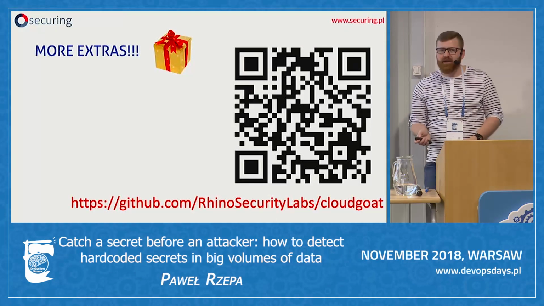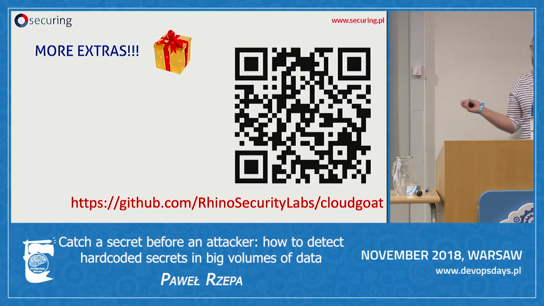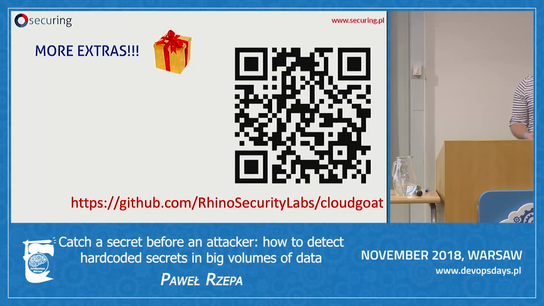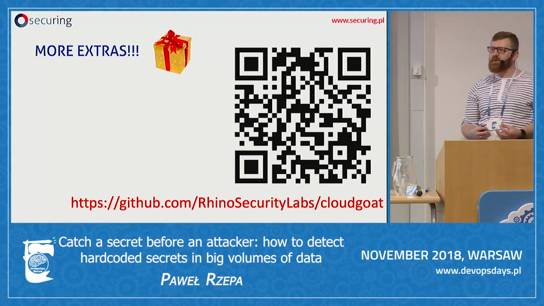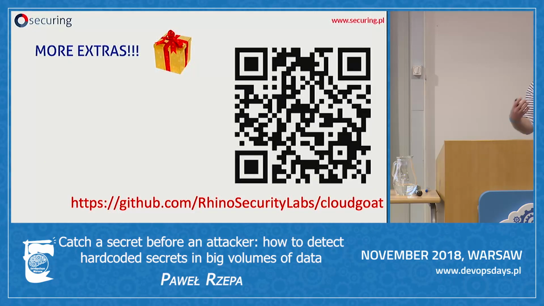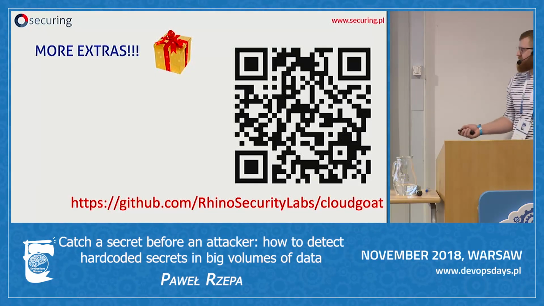There is also, have you ever heard about CloudGoat? It's a vulnerable platform. It uses Terraform to deploy AWS services which have some misconfigurations, and your task is to find all of them. It's pretty easy to deploy.